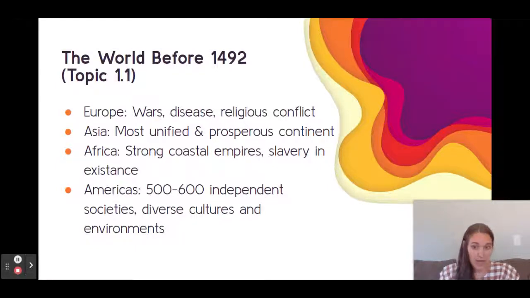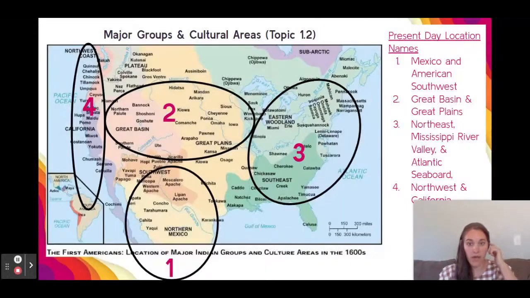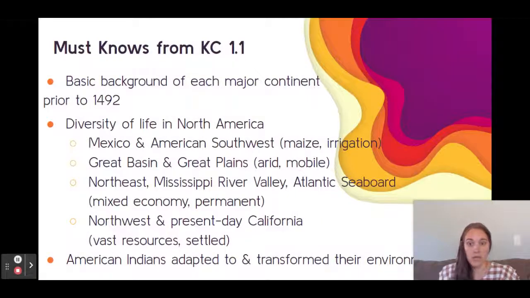And then the Americas, you're going to see 500 to 600 independent societies, very diverse cultures, really dependent on that environment. Moving forward, the APUSH curriculum separates North America into 4 distinct regions, and it wants you to know some specifics about each region.